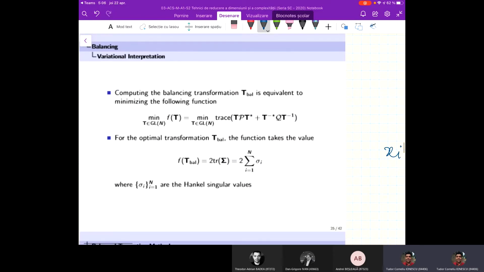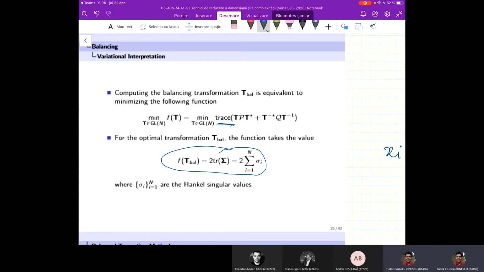There is also a variational interpretation. If you compute the balancing transformation, this is equivalent to minimizing, over all functions of T, this norm. This trace here is a norm. You minimize this norm, so this is an optimal transformation, where this function takes this value, which is twice the sum of the Hankel singular values.